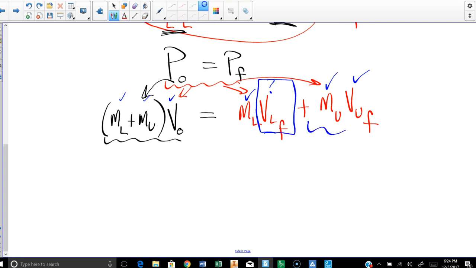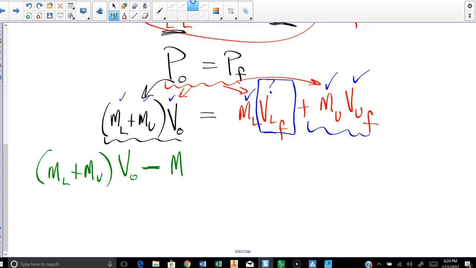So I'm going to subtract this from both sides, and I'll get, we'll just go to green now that we're all together here, (ml plus mu) times vo minus mass of the upper times velocity of the upper after the separation equals mass of the lower times velocity of the lower after.